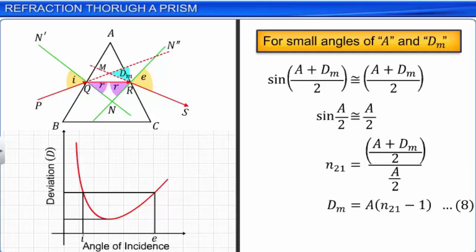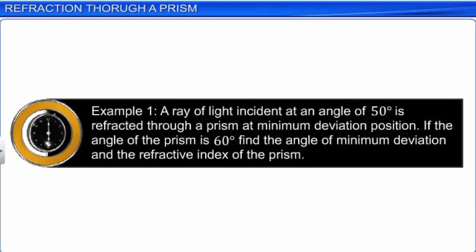In this problem, it is given that i is equal to 50 degrees, A is equal to 60 degrees. The prism is at its minimum deviation position.